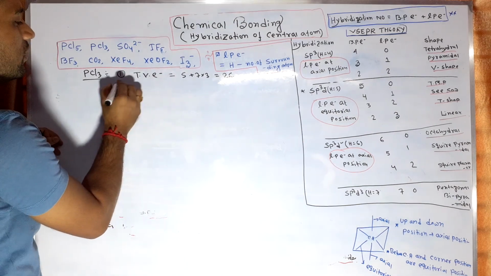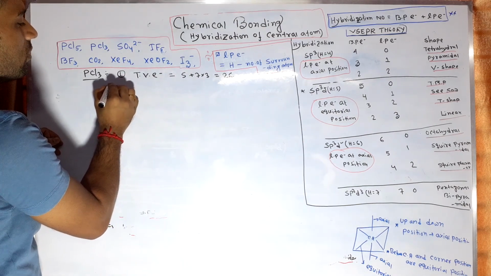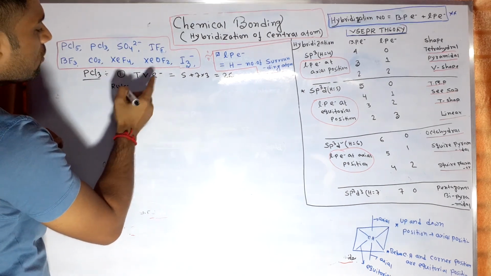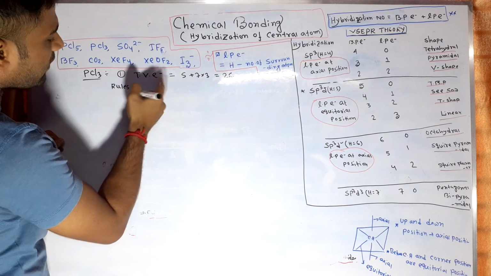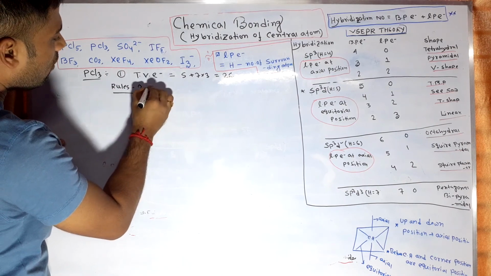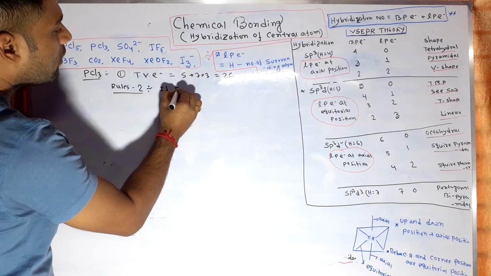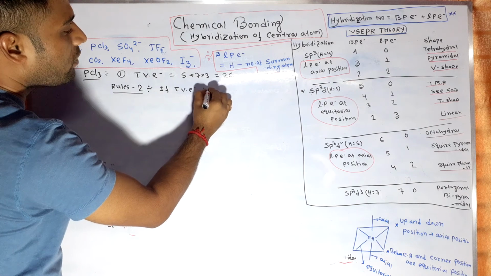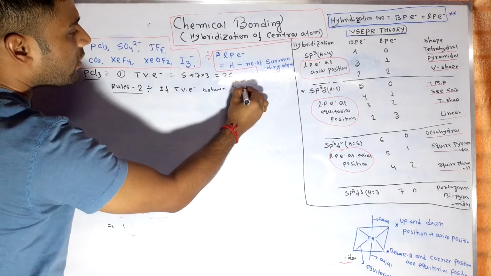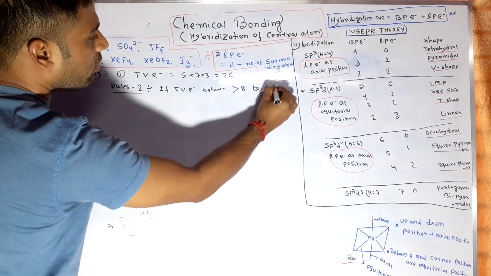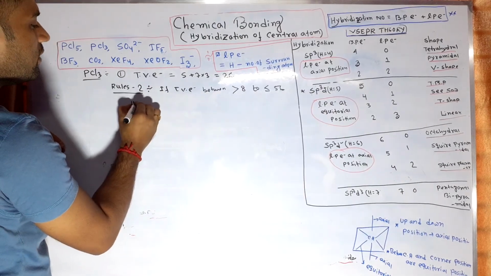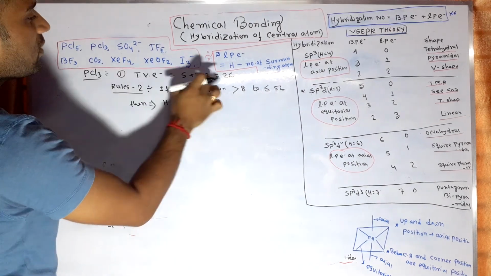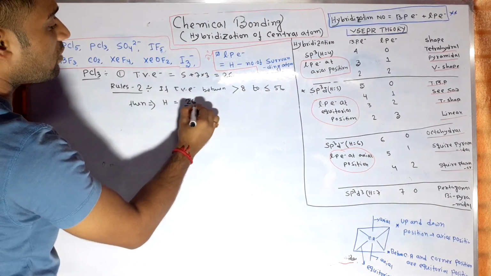Then rule 2, as I said in the previous video: if TVE, total valence electron, is greater than 8 to less than or equal to 56, then calculate the hybridization number by dividing the counted valence electron, 26, by 8.